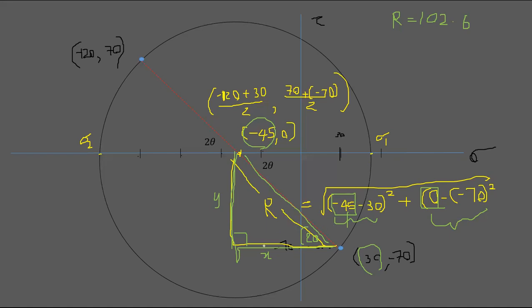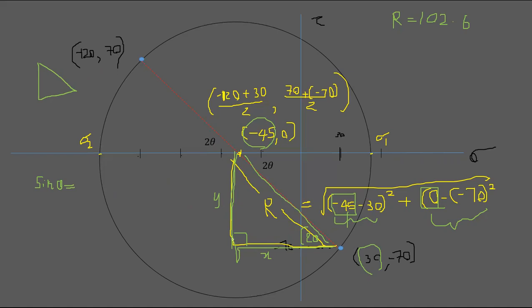You can find this 2 theta, right? Even from sine theta also you can find it. Sine theta is now y over r. So that's going to be the magnitude of this. So let's say the triangle is this. So your theta is this. The magnitude of that length is 70, right?